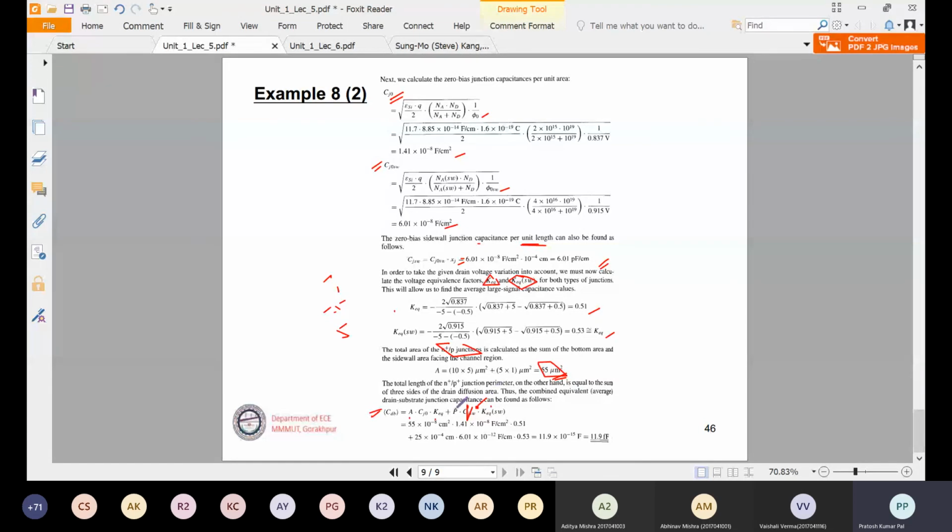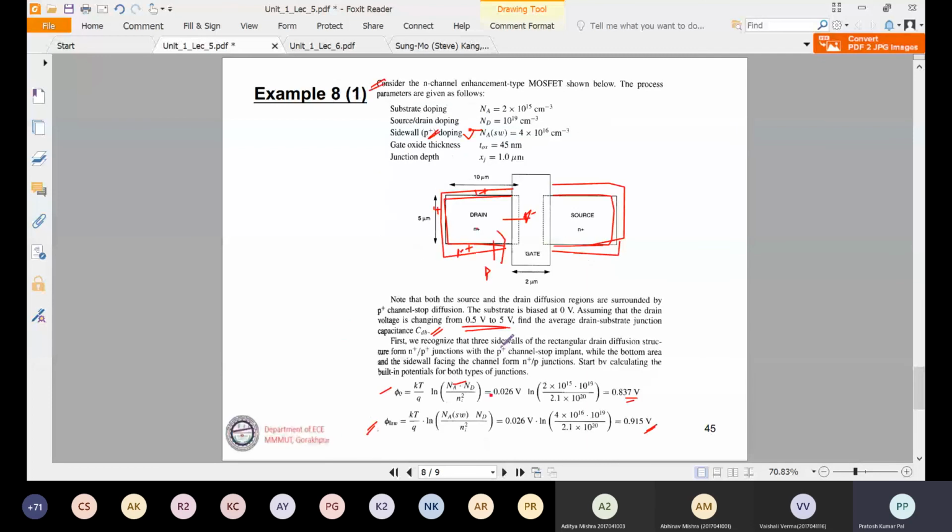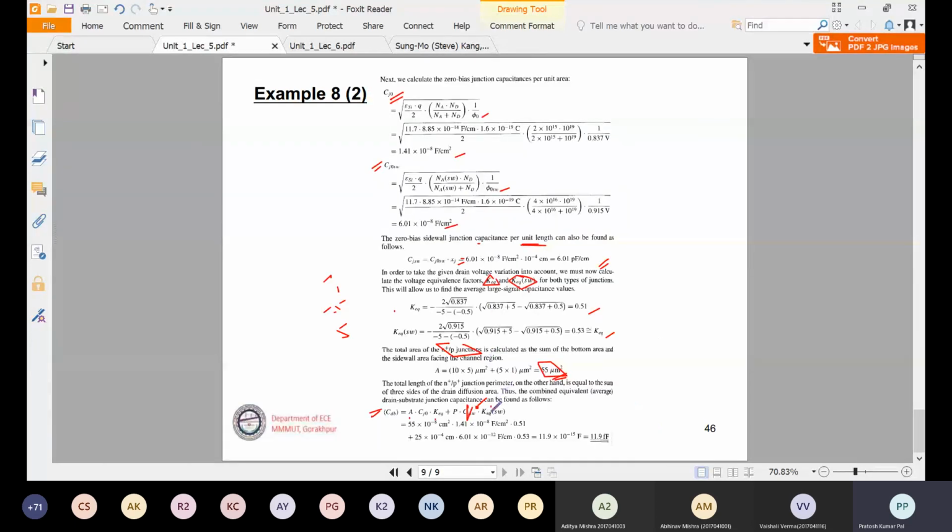So a length will be multiplied, that will be the perimeter of the surface, the perimeter of the face, of the side walls. These two sides have the same perimeter, and this one will have a different perimeter. All the perimeters will be added, and that will be multiplied by the CJSW and K equivalent SW.